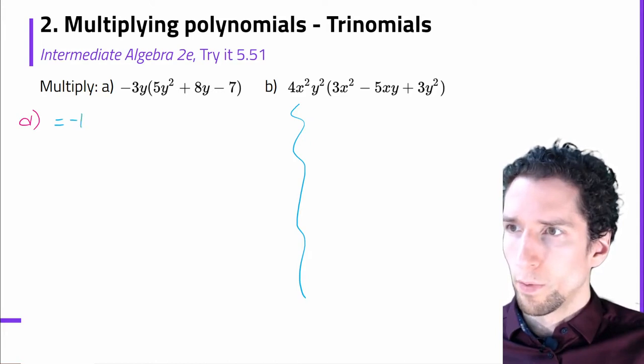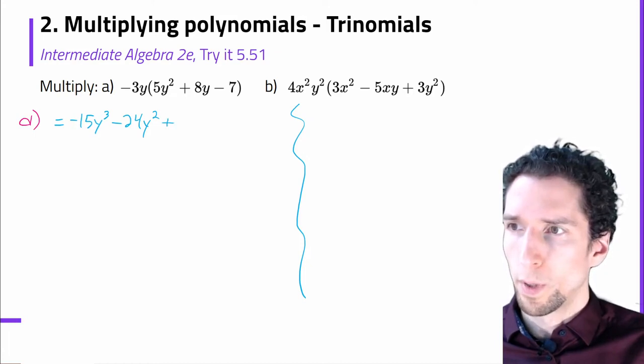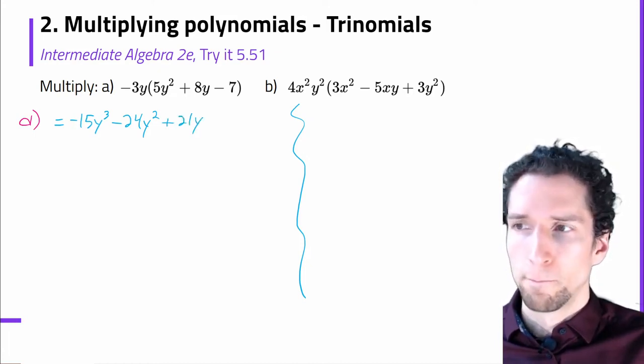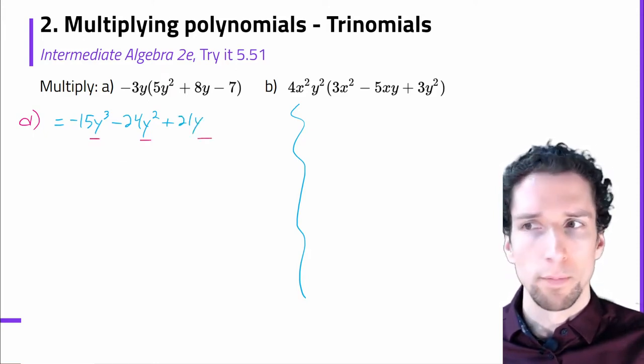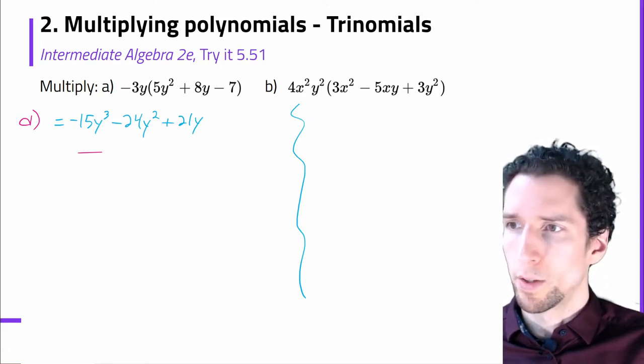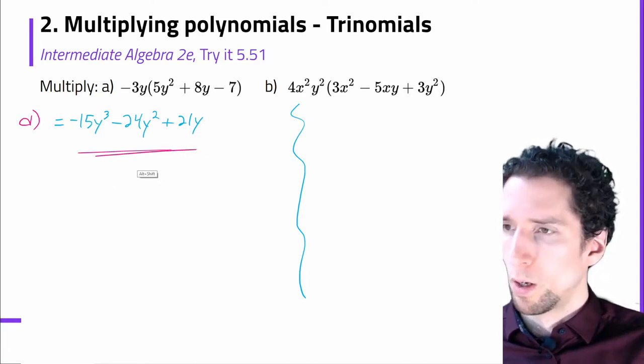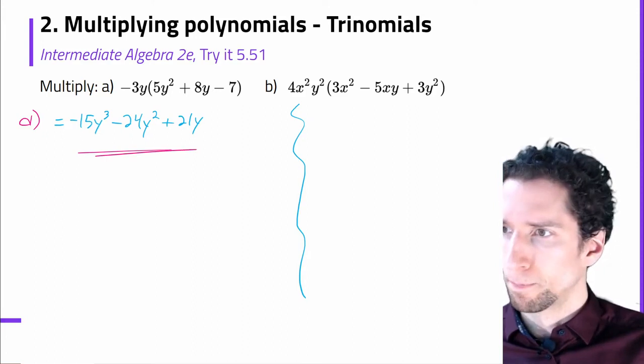So we have negative 15y cubed, and the next one is minus 24y squared, and then negative, negative, positive, so plus 21y. Okay, so again, y cubed, squared, y, can't combine those at all, so there is our simplest form here.